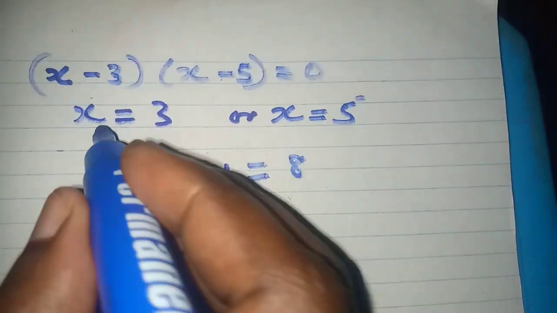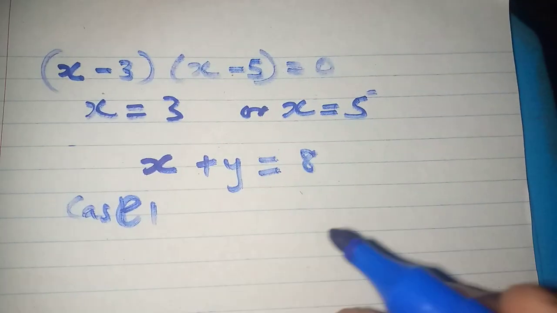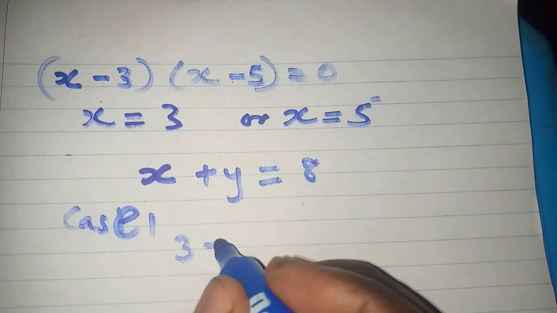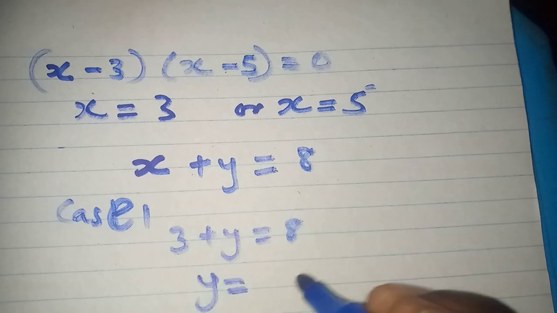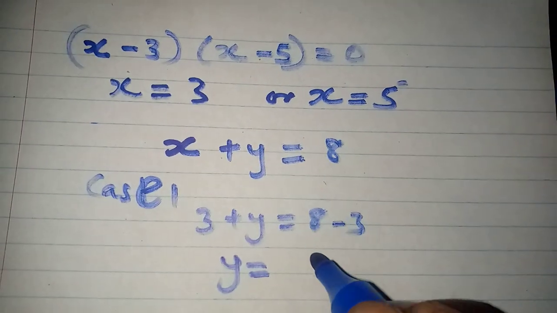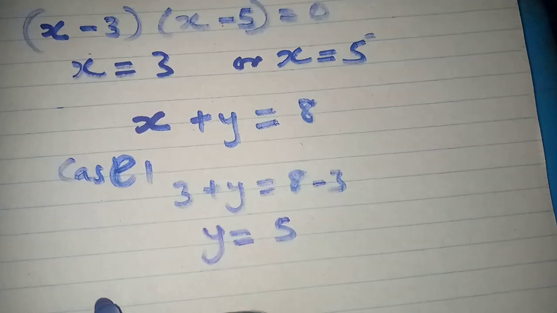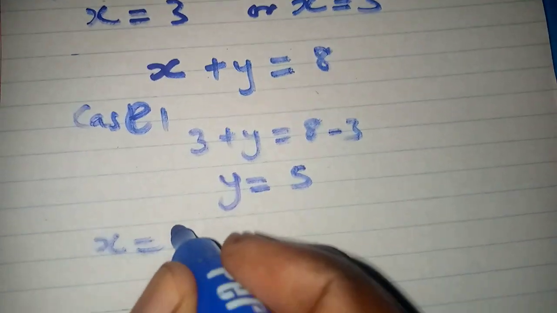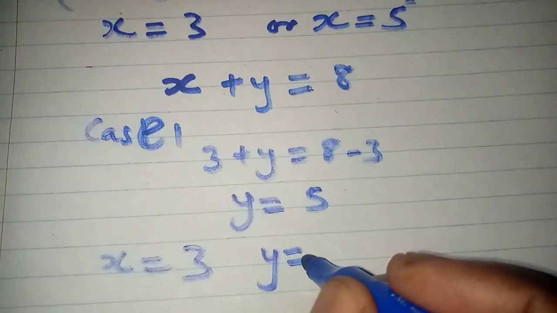But first, case 1: I have x as 3, so 3 plus y equals 8. y becomes 8 minus 3, and y becomes 5. So case 1, when x is 3, then y is equal to 5.